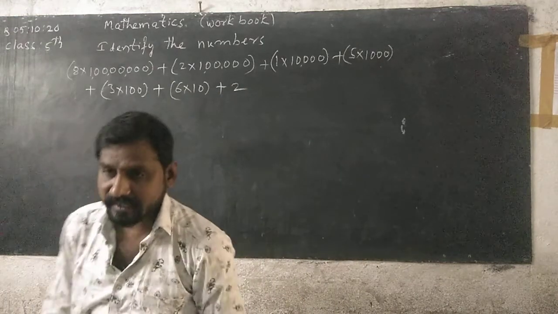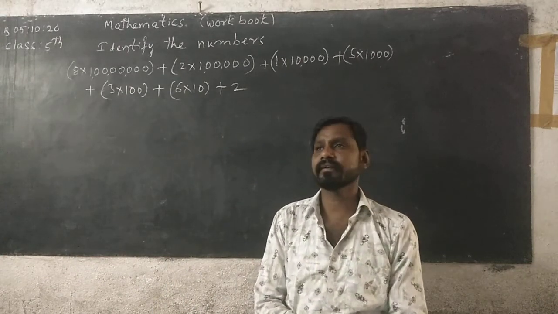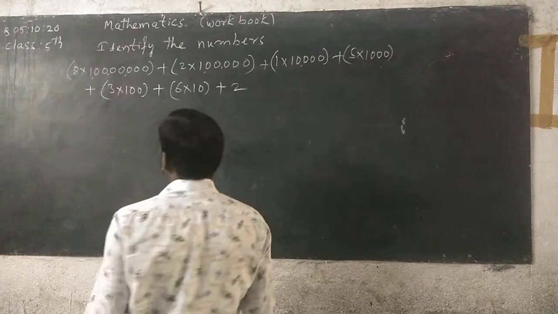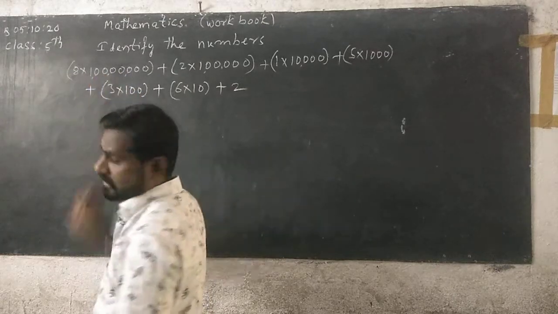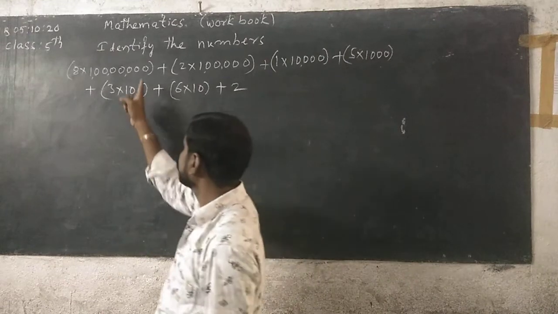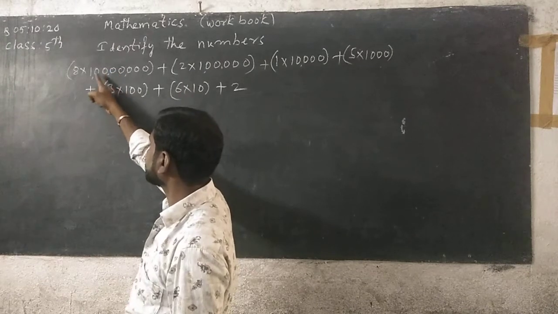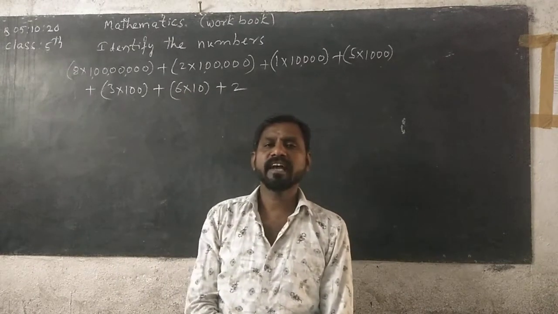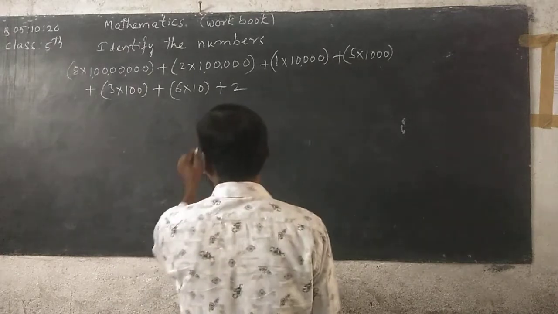While you are writing the given expanded form into short form, first observe the first number on the left side. See here, 8 into... ones, tens, hundreds, thousand, 10,000, lakh, 10 lakh and crore. So you can write the place value chart from ones place to crores place.